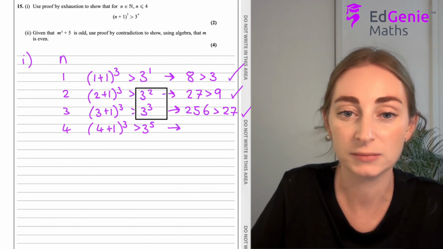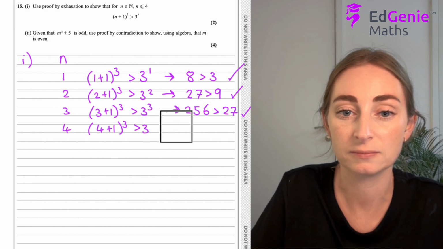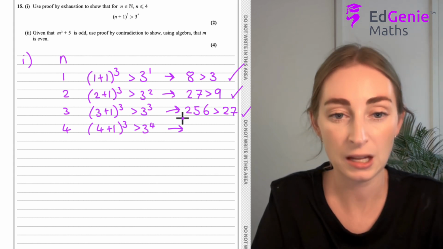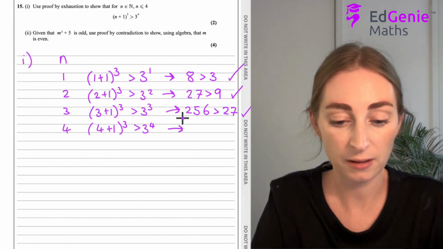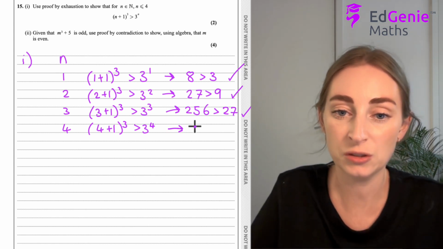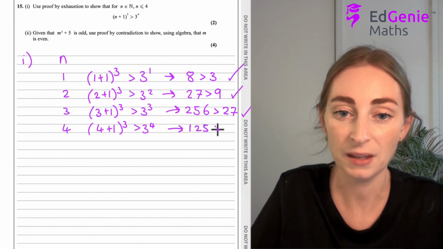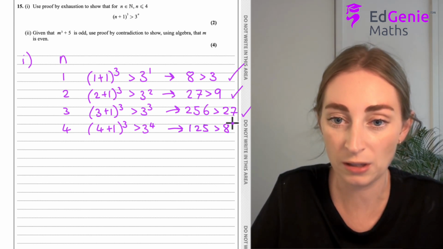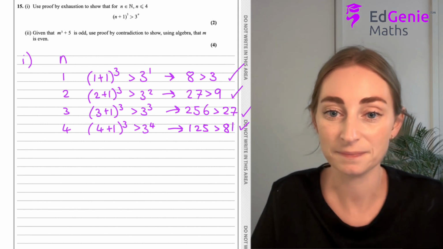Is that greater than 3 to the power of 4? Let's check. 4 plus 1 is 5. 5 cubed is 125. Is that greater than 3 to the power of 4, which is 81? Yeah, it is.